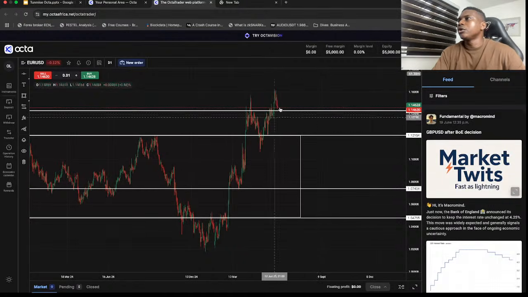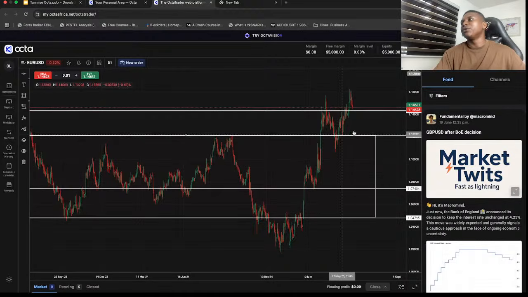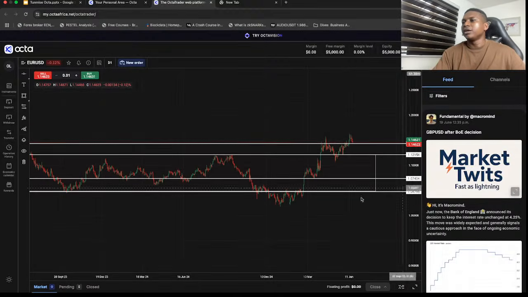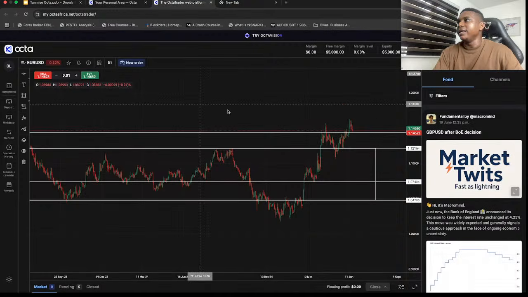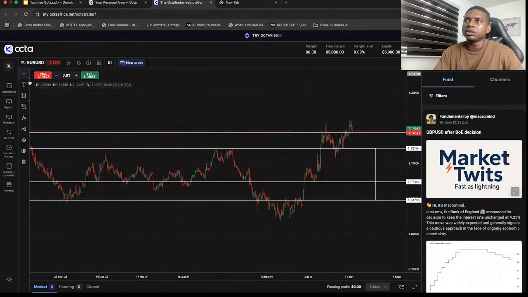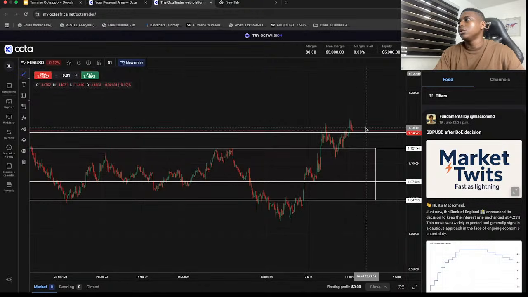So now what do we see price doing from this level? From this level here, I see price continuing its journey to the upside.